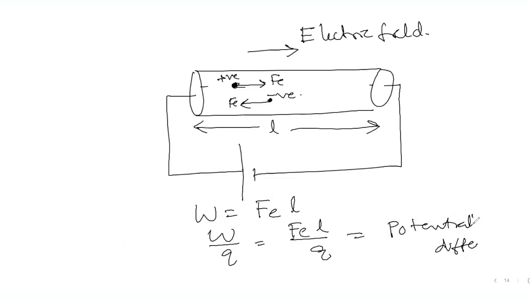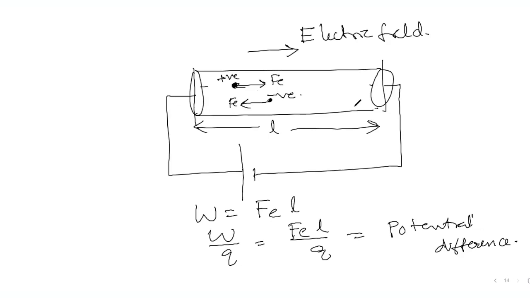Now what is potential difference? Potential difference is nothing but the work done on unit charge. Simply I can say potential is an energy level. One is at higher energy, the other is at lower energy. Whatever the energy difference is, that is the potential difference, higher potential, lower potential.